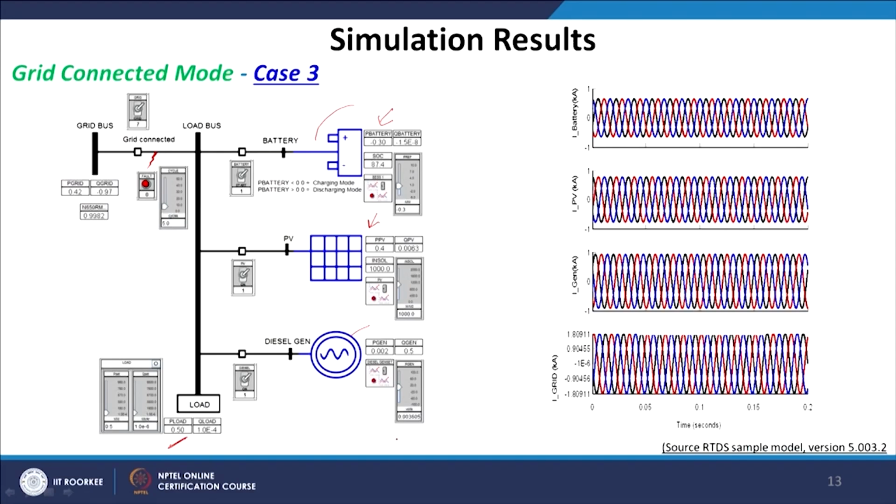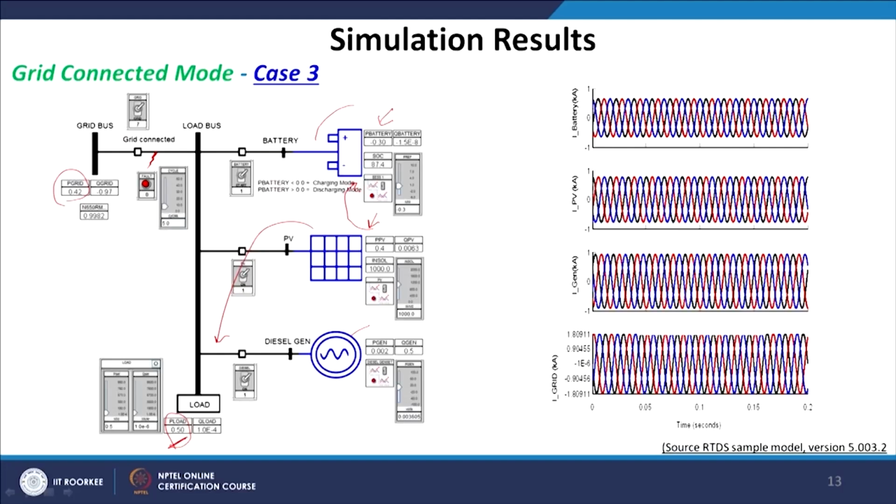Now, if you clearly see, the grid is now giving a supply of approximately 0.42, or let us say 0.4, and we can see that the load is at 0.5. So, 0.1 unit of energy is coming from the PV for the load and the rest, 0.3, is used for my charging.